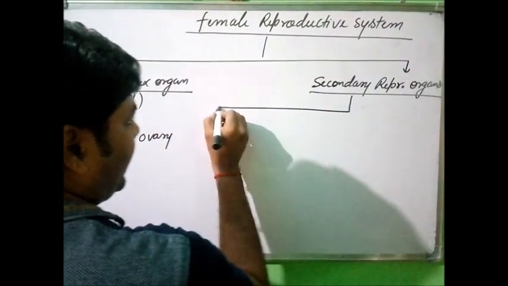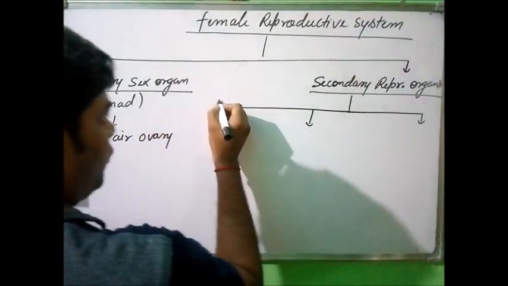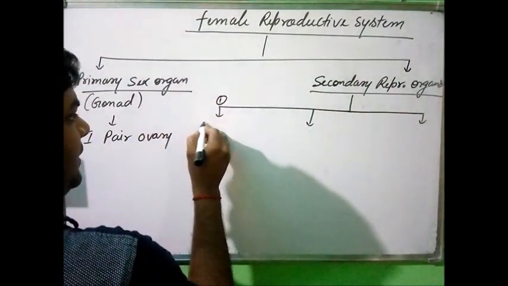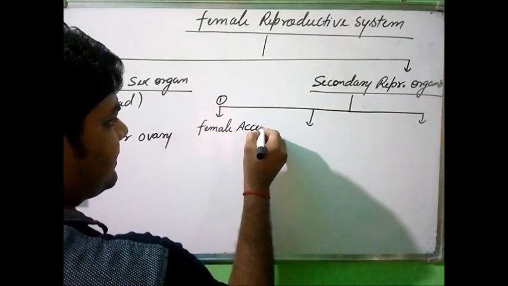So since lots of organs are present in this secondary reproductive organ, we are further classifying according to their structures like this. Now one is female accessory glands.